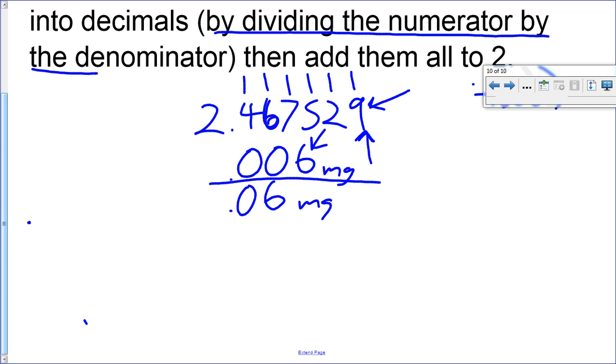Whatever this medication is, we took 1 milligram of it and we broke it into 1,000 pieces, and they only needed 6 of those pieces. Okay? Well, in this scenario, what you did was you only broke it into 100 pieces, and you gave them 6 of those. Those are a lot bigger. You just gave them way too much medicine, and you probably killed them.